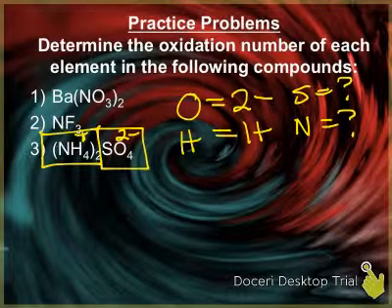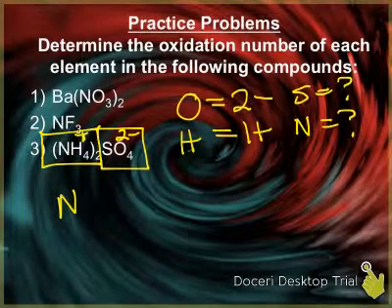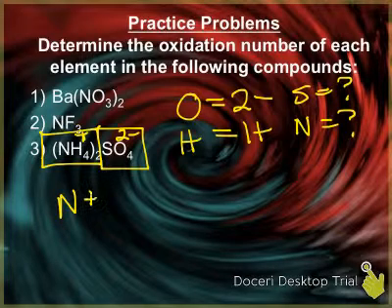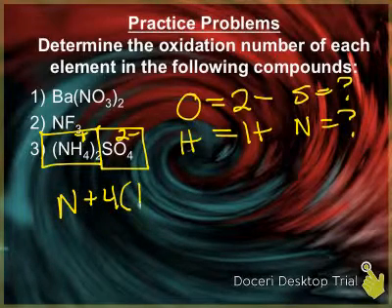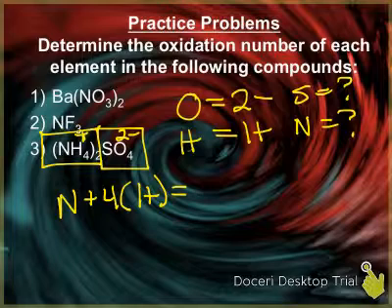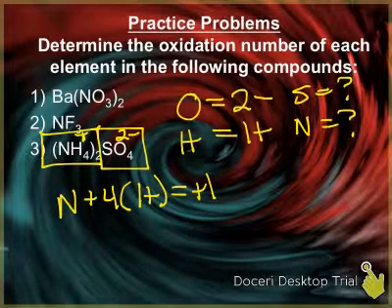So now let's solve for nitrogen. We need to know the oxidation number of nitrogen. We know that we have 4 hydrogens, and we're not going to set this equal to 0. We're going to set it equal to plus 1. Why? Because ammonium has a charge of plus 1. Why is that subscript there? To balance it with sulfate.